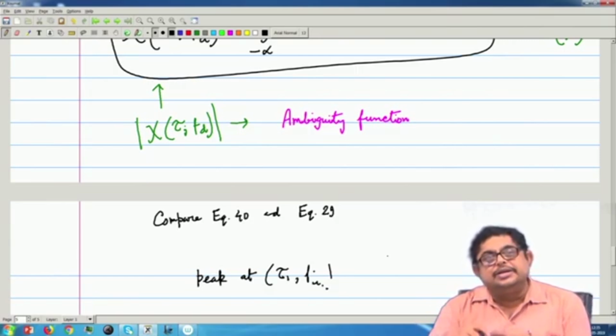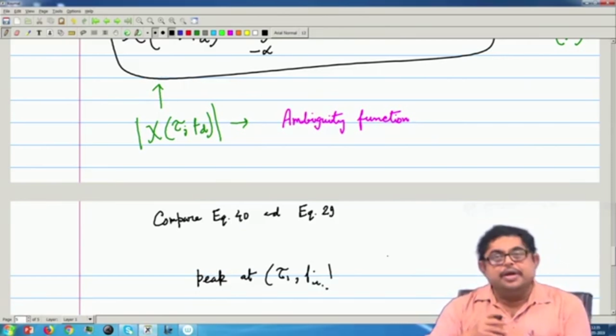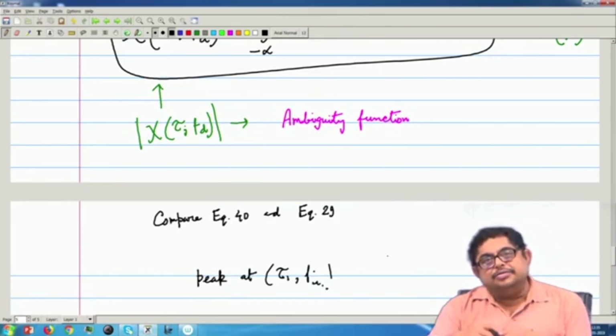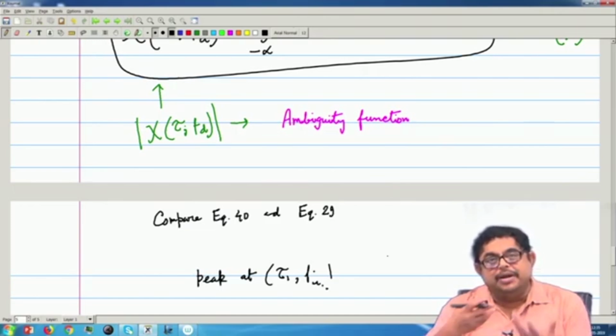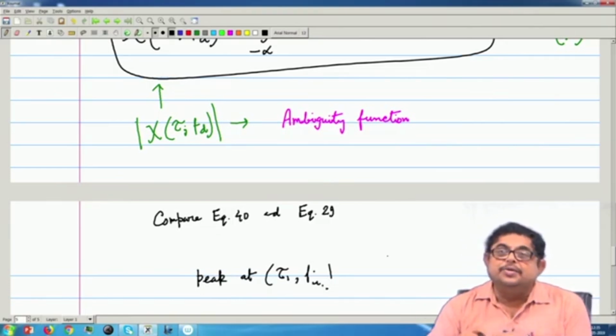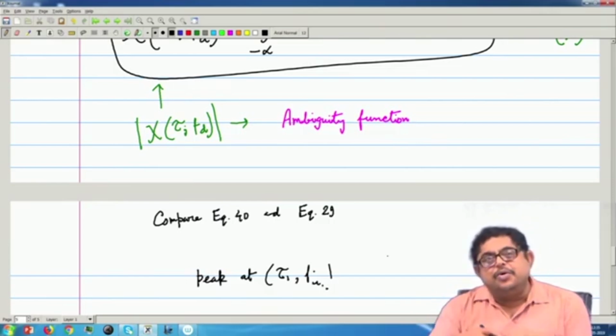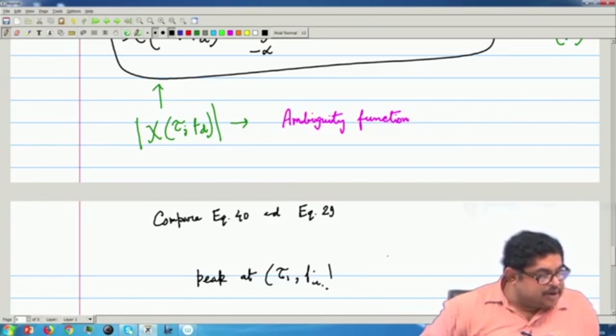We will further see how to make these resolutions good, and there we will see that there is a problem: if I want very good resolution in one dimension, the other dimension suffers. That means, if I want a very good range resolution, the Doppler or velocity resolution gets poorer, and the other way around. Then we will find some technique where combinedly you can go as you like. That will be our next journey.